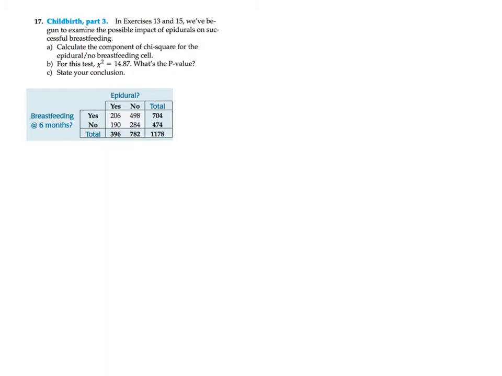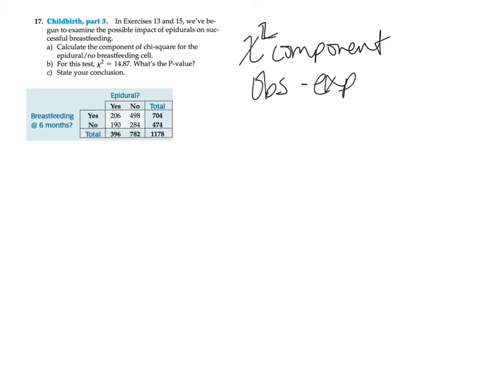So the chi-squared component, when we take the individual value, is the observed minus the expected, squared, divided by the expected, just for one of the cells.